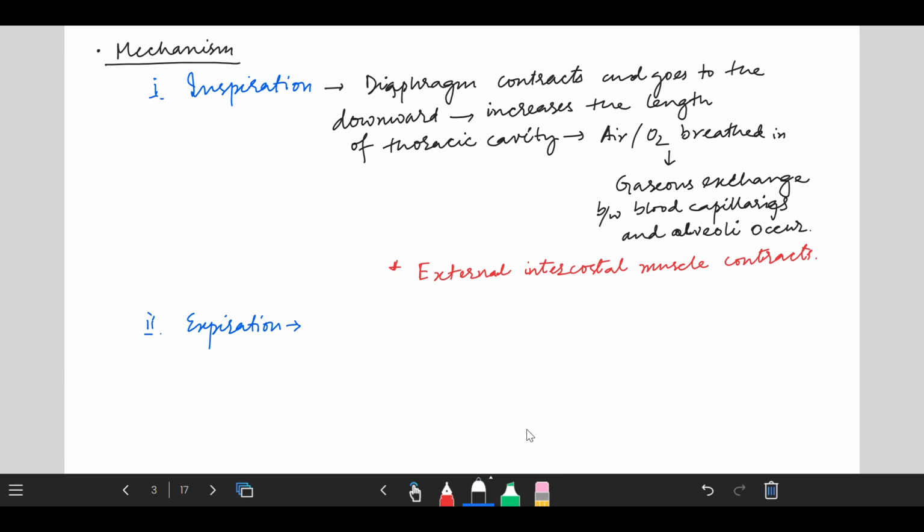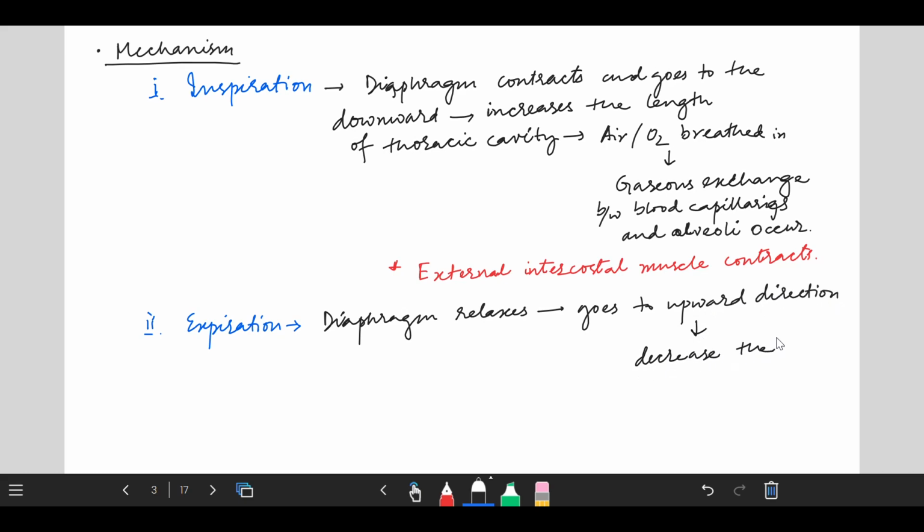During expiration, diaphragm relaxes and goes upward to decrease the length of the thoracic cavity, and CO2 is breathed out.